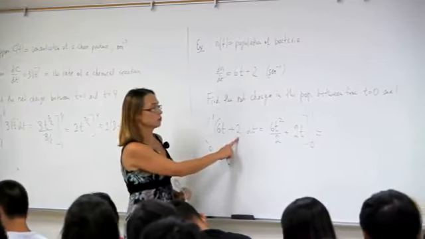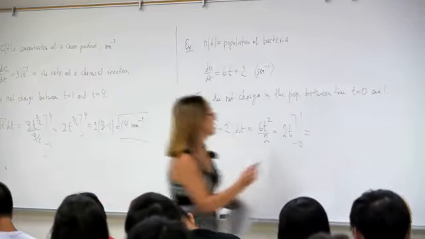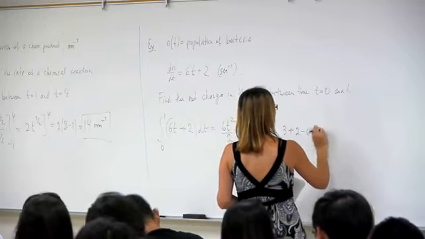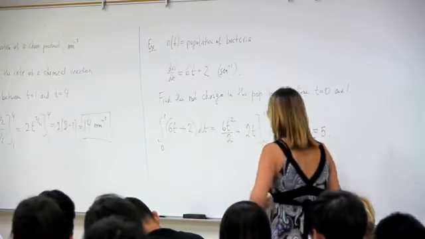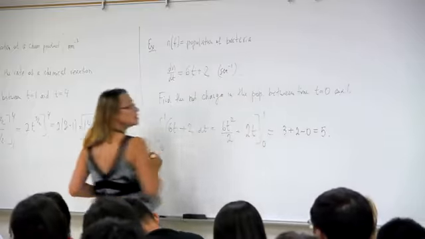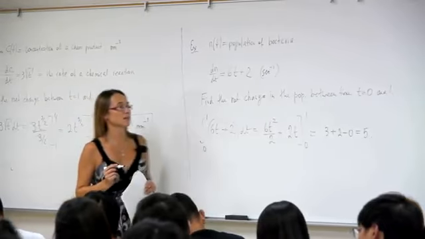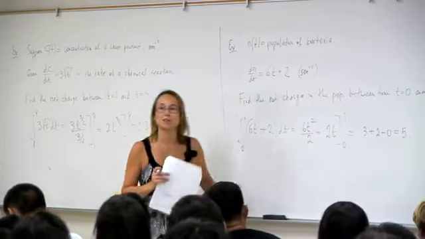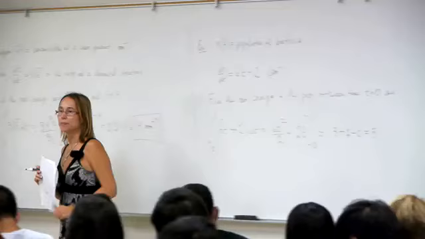The antiderivative of 2 is 2t. So I have 3 plus 2 minus 0 is 5. Okay, so in the duration of 1 second, the population of bacteria will change by 5 bacteria in this case. Okay. Questions?